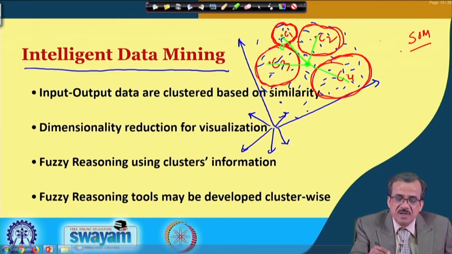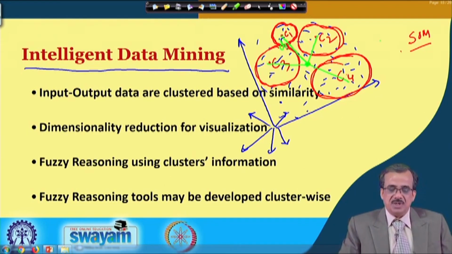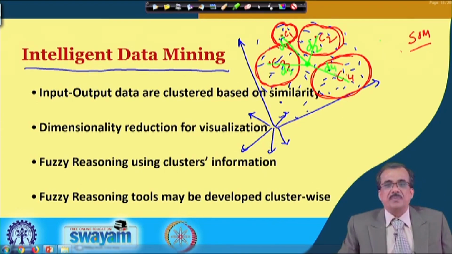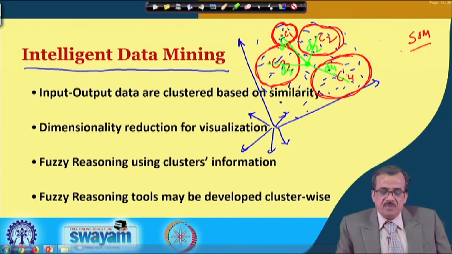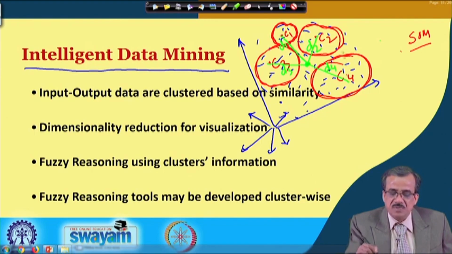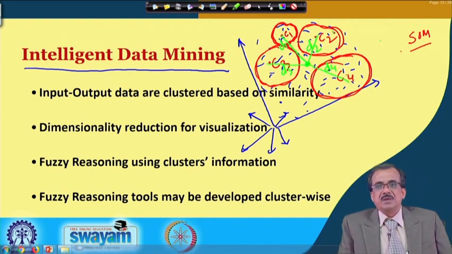We try to find the distance between this point and C1, the distance between this point and this center, and this is your D3 and this is your D4, and you try to find the similarity between this test scenario and each of the cluster centers.